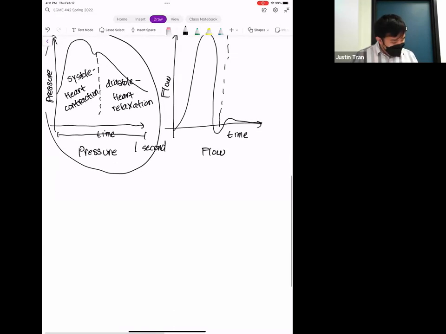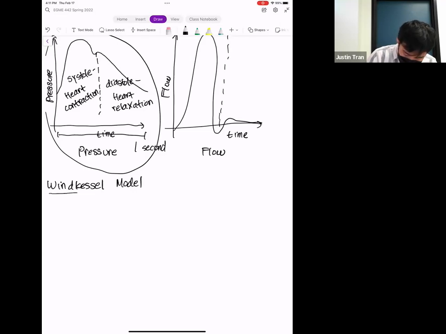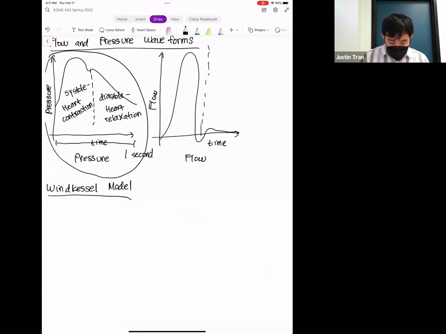Okay. All right, and so to that end, I want to discuss one of the first attempts to model the pressure waveform, or to basically recreate it in a lab, called the Windkessel model. So Windkessel, if you're not aware of the origins of that word, I believe, is a German word.